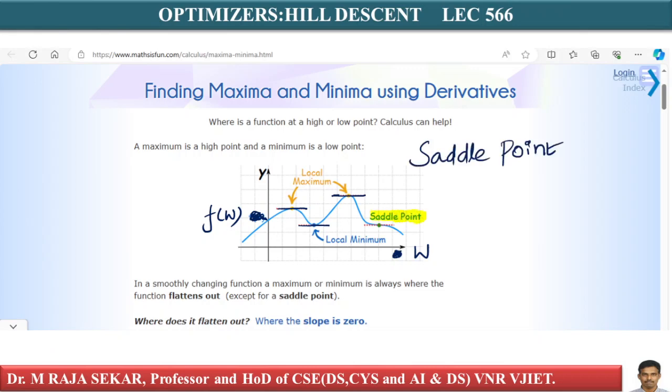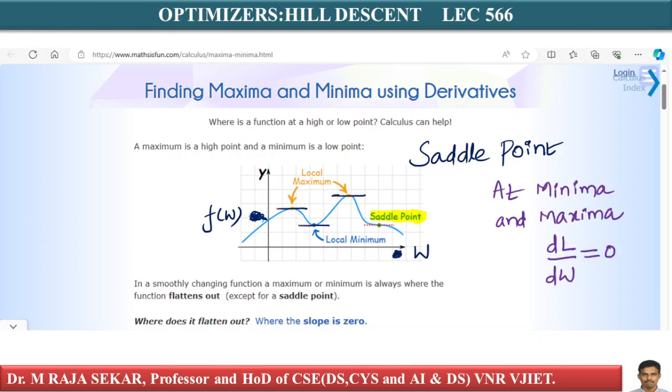There is also another type of point called saddle point. What is this saddle point? We also discussed it in our previous lectures. If you take this point, saddle point, isn't it?